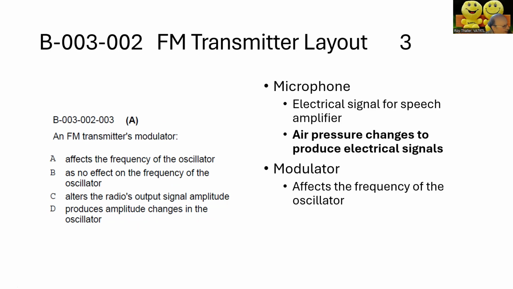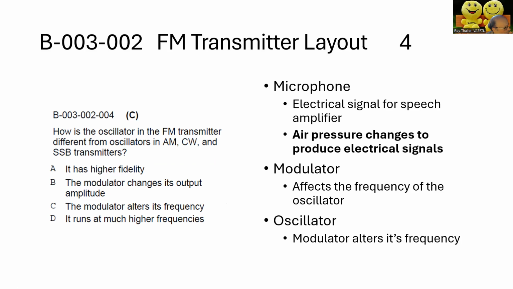An FM transmitter modulator affects the frequency of the oscillator. How is the oscillator in an FM transmitter different from oscillators in AM/CW and SSB transmitters?